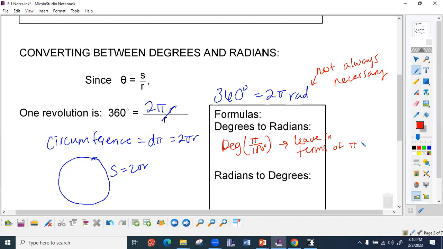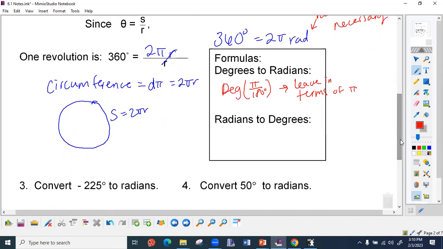What it means to leave in terms of pi is that when you are simplifying and reducing, you do not worry about the pi. You just worry about the numbers. What is in the denominator? 180 degrees. Okay. So that's going degrees to radians.